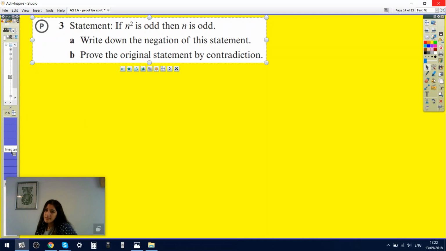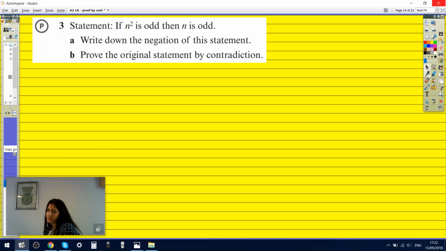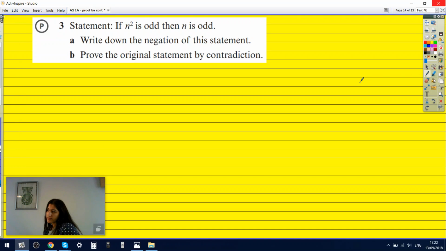Okay, let's try this. Oh, it's true, isn't it? It is true. You have to prove it by contradiction. If n squared is odd, then n is even. Is that the opposite? Yeah. Okay.